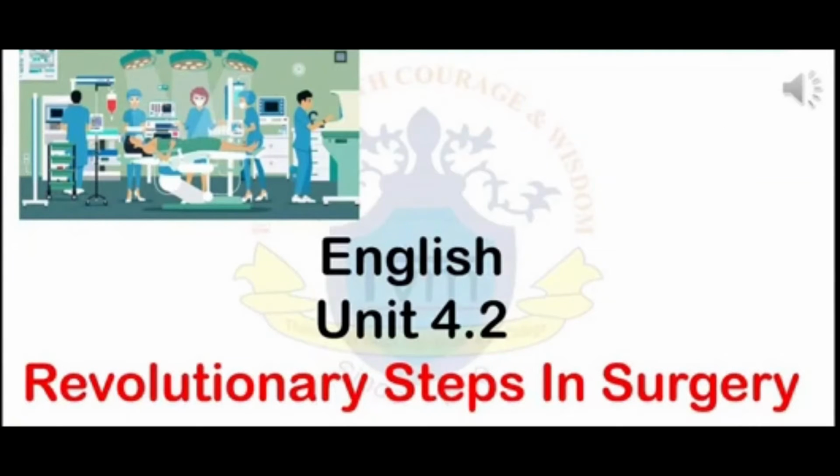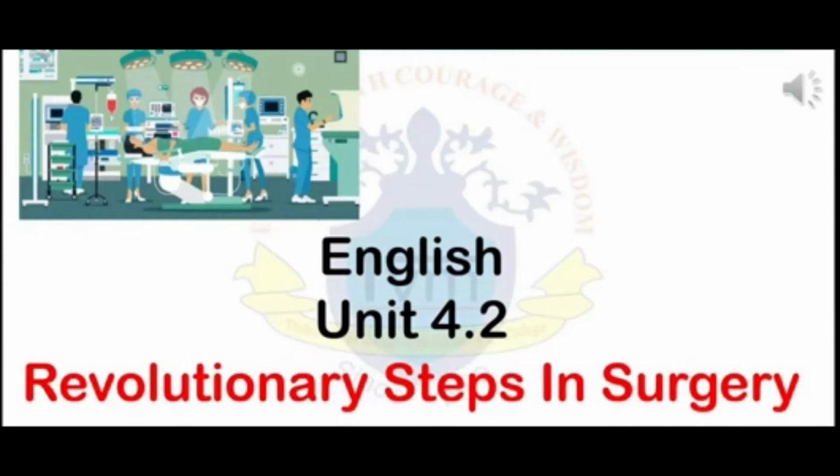We will be teaching you all this unit 4.2 of our English textbook, and the topic of our prose is revolutionary steps in surgery. Now you all must be thinking, what is the meaning of revolutionary?